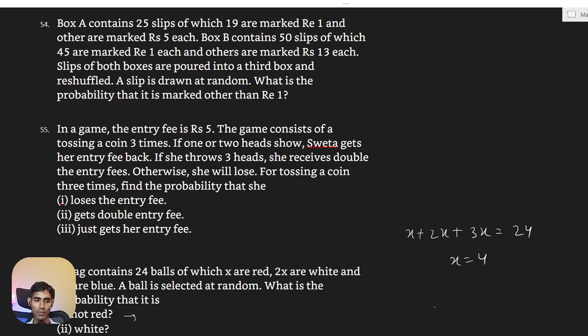Here, not red is besides red. Here, 4 are red. So besides red, in the rest 24 balls, there are 2x and 3x. That is 20. It was an easy question. Yeah, 24.